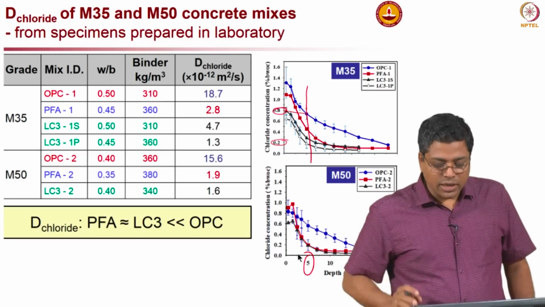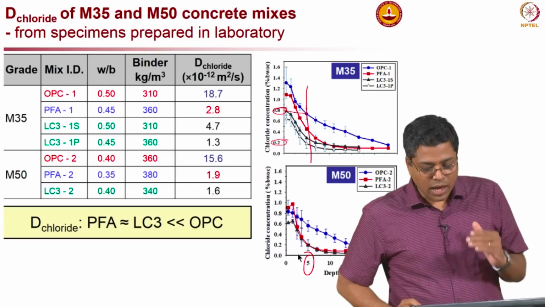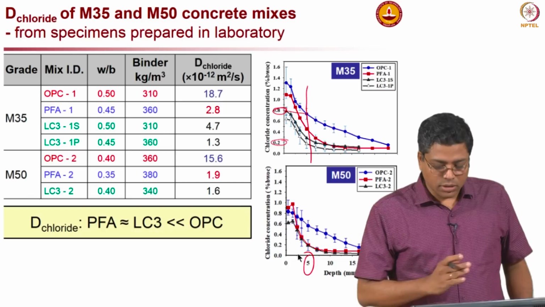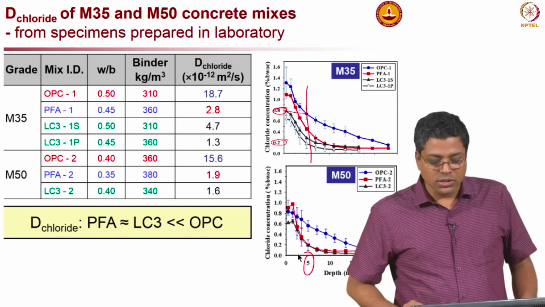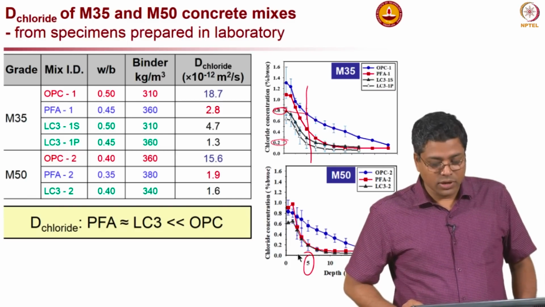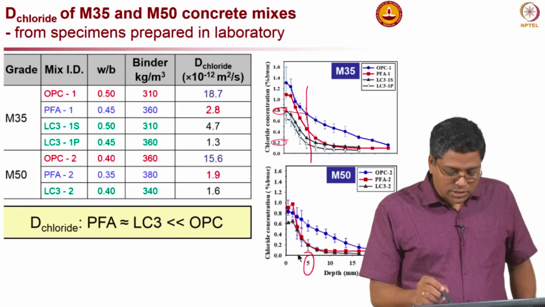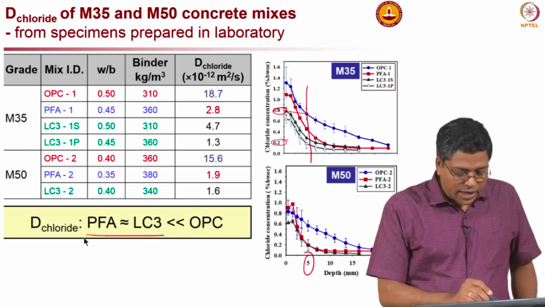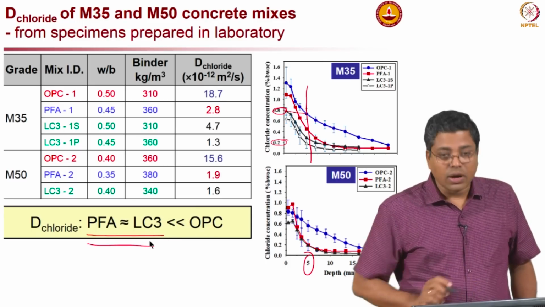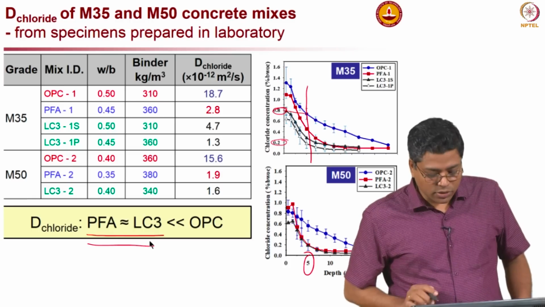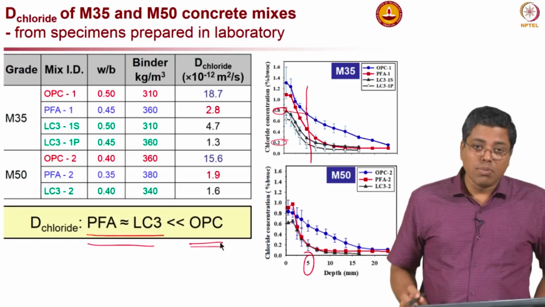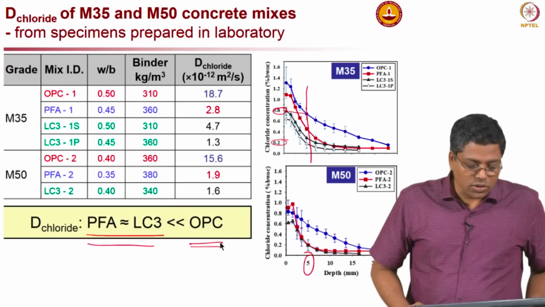So, this is very clearly showing that the type of concrete which you use can definitely change the rate of ingress of chlorides. The essence of this graph is that both fly ash and LC3 based concrete have a similar rate of ingress or diffusion coefficient, whereas in OPC you have much faster ingress of chlorides.